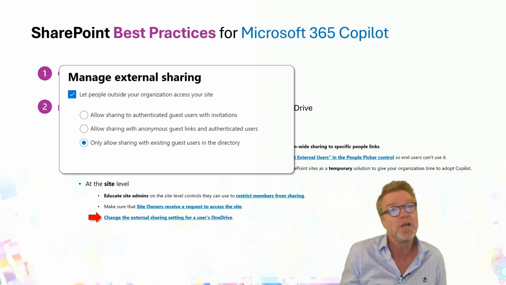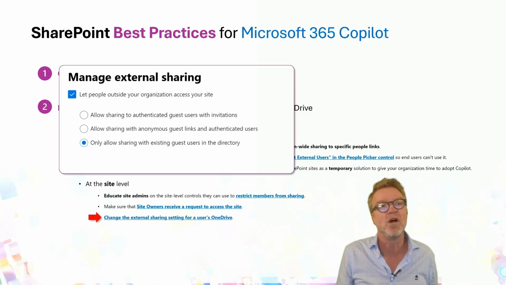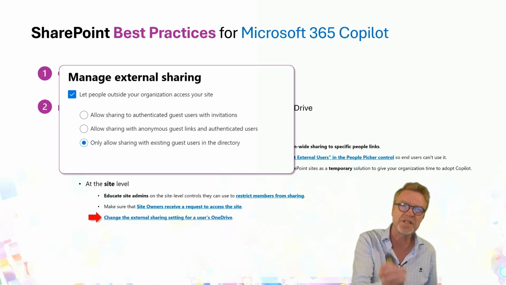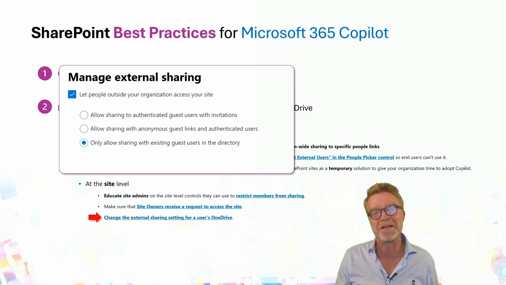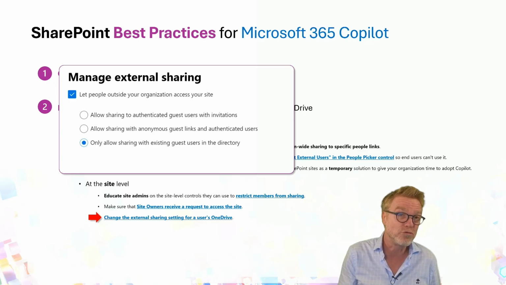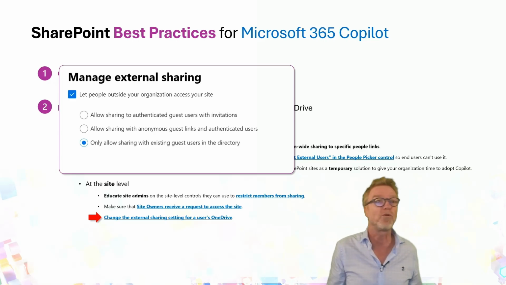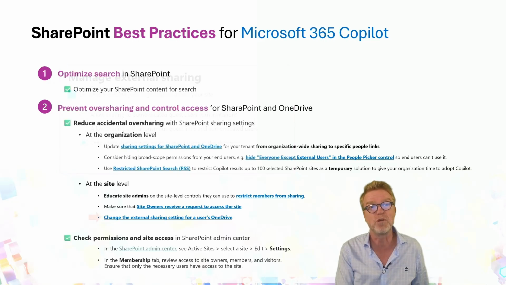But then still you can specify that, for instance, sharing with external users is only allowed if it is a guest who is already known as a guest in the directory in Entra ID, or that you want them to go through an invitation process before they get access. That is yet another thing that you will want to make sure.